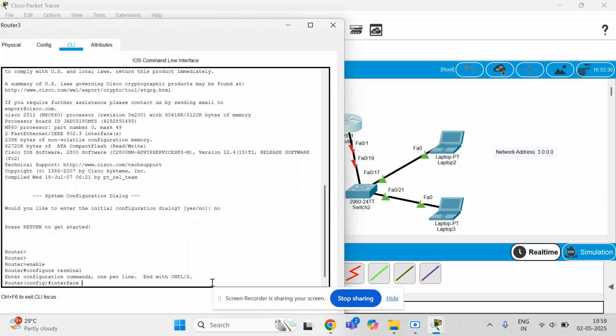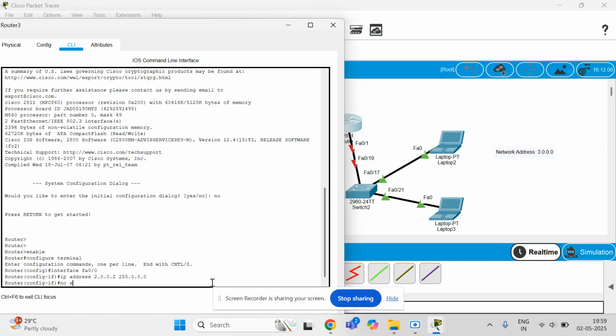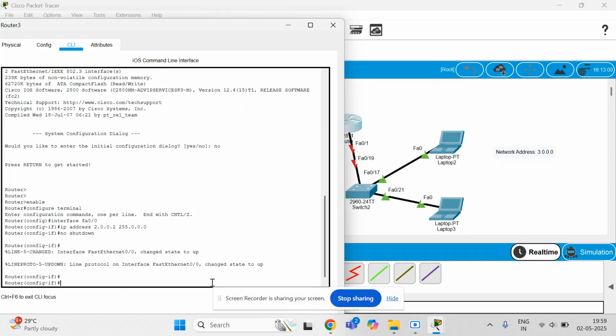Interface is Fa0/0, which is connected with the first router, and the IP address is of the 2.0.0.0 address range. 2.0.0.1 we have given over there, so 2.0.0.2 here, 255.0.0.0 and no shutdown. Right, this is up.